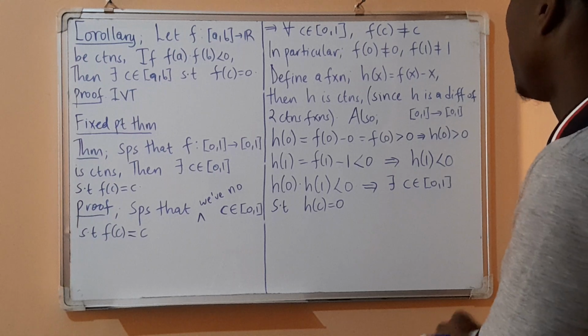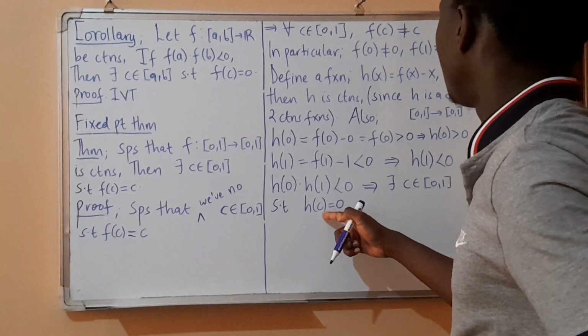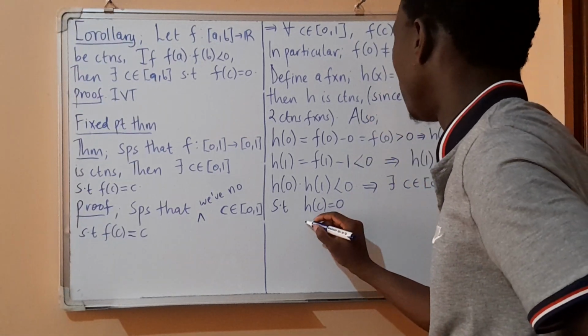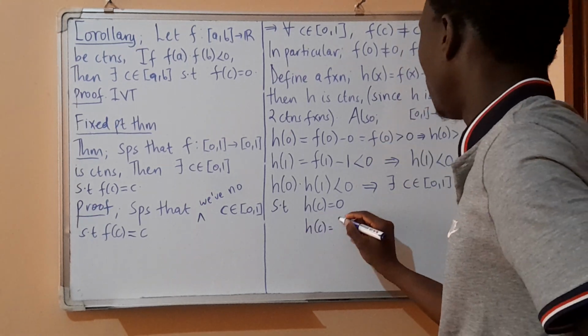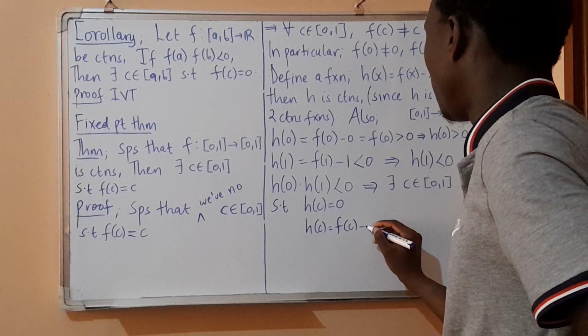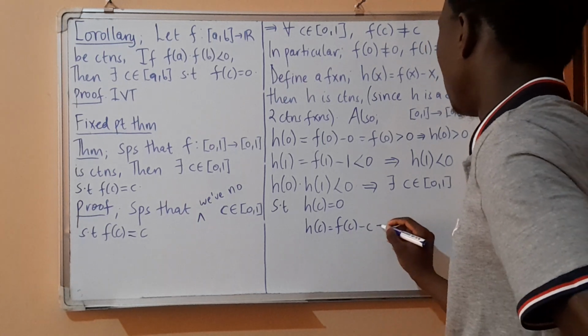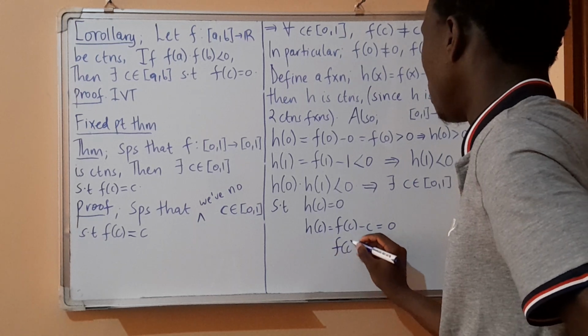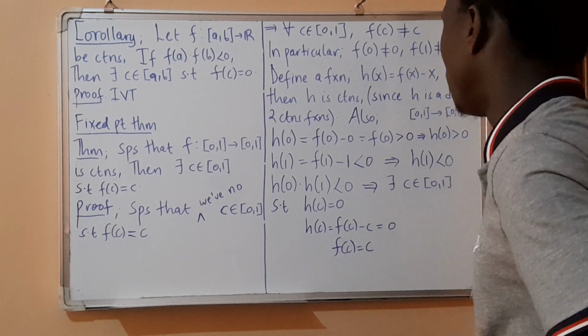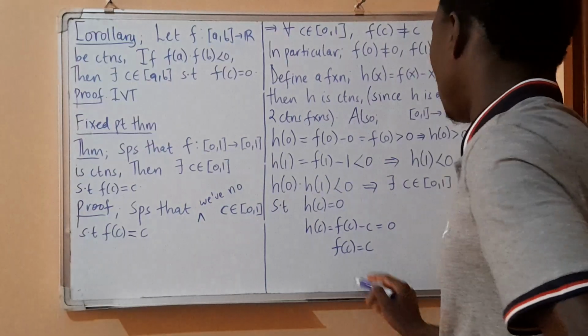What does that imply? If h of c is 0, then let us compute h of c. H of c is equal to f of c minus c, and this is equal to 0. So we have f of c equal to c. So we have our result.